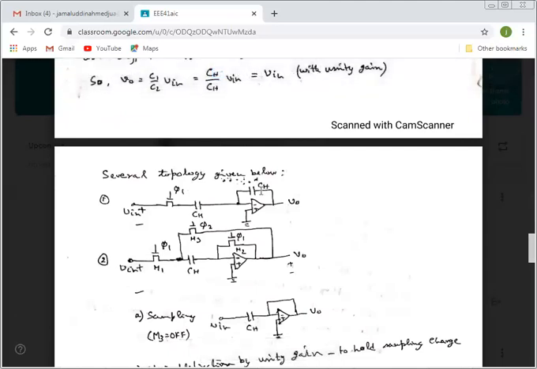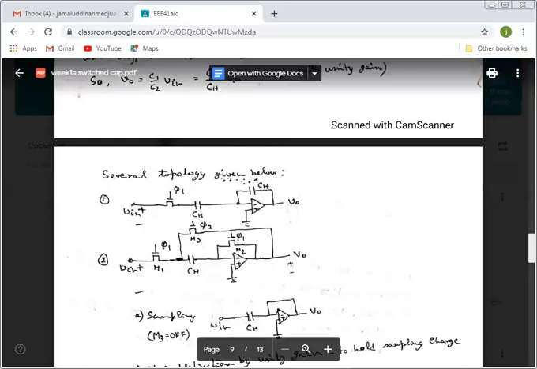In sampling, it will charge C1, CH, and then discharge the CH. So CH over CH cancel each other. Whatever charge comes from Vin, the whole thing will go to Vout. So it will act as a buffer. It has another topology also.